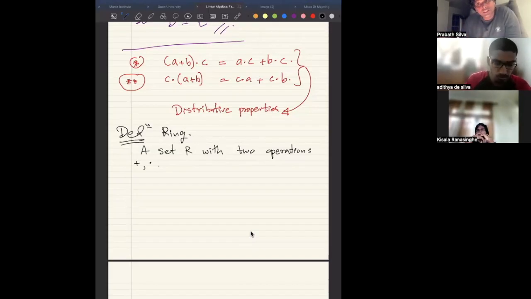This ring is not the reals. And we want R, plus to be an abelian group.